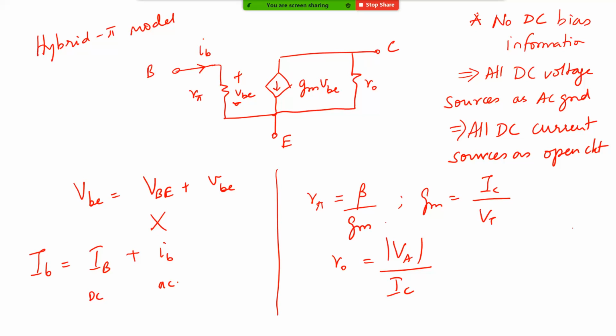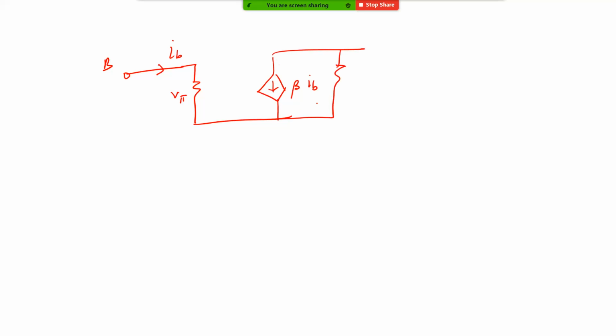The AC component is basically flowing through this R pi resistance. Now you can have another small signal model which is pretty much similar. You can say that there is this IB flowing into this R pi, and this dependent current source can be written as beta times IB. And this is the collector, this is the emitter.